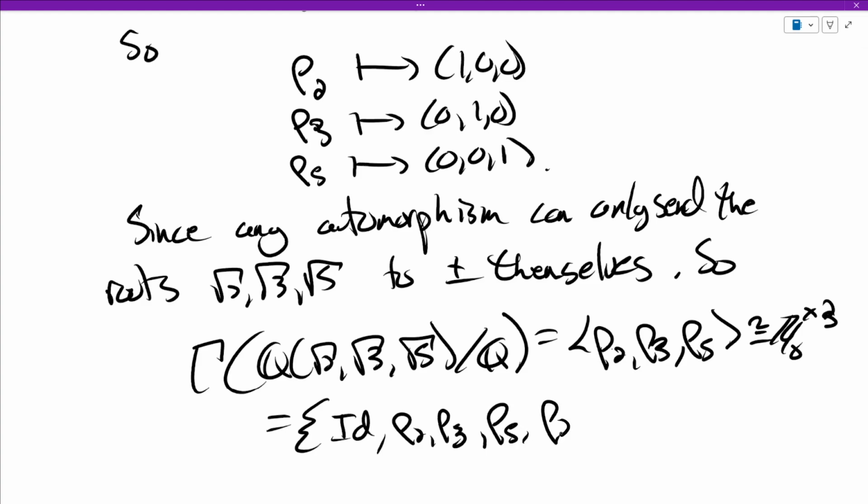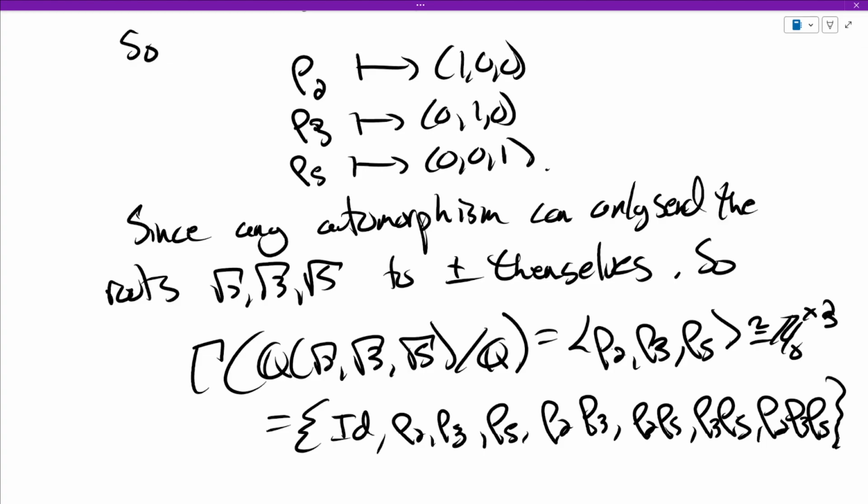We get rho 2 rho 3. We get rho 2 rho 5. We get rho 3 rho 5. And we get rho 2 rho 3 rho 5. So there's 8 elements there. 1, 2, 3, 4, 5, 6. Yeah, there's 8 elements there. And that is the Galois group of this more complicated extension.